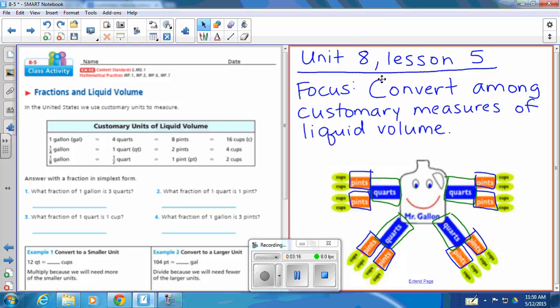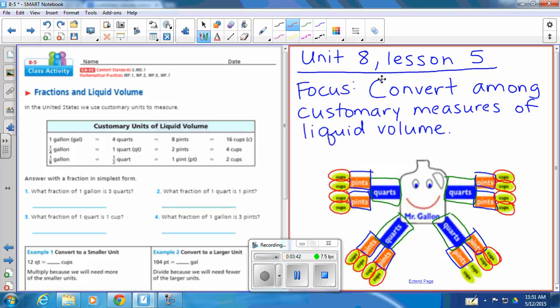And then continuing on with our Mr. Gallon Man, he has 4 fingers and 4 toes on each arm and leg. So each pint has 2 fingers, which represent cups. So there's 2 cups in every pint. So how many cups are in a gallon?